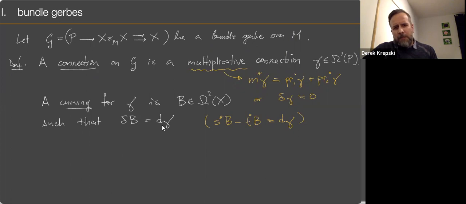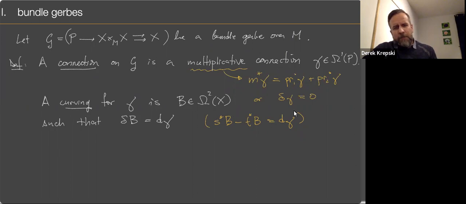But again, you might want to think of this as roughly a compatibility with the groupoid structure. That it equals d gamma is really saying that this curving B is related to, but not the same thing as, the curvature of the connection gamma on P.